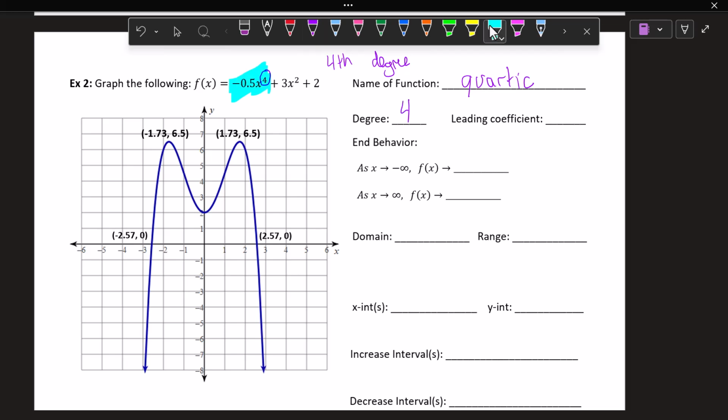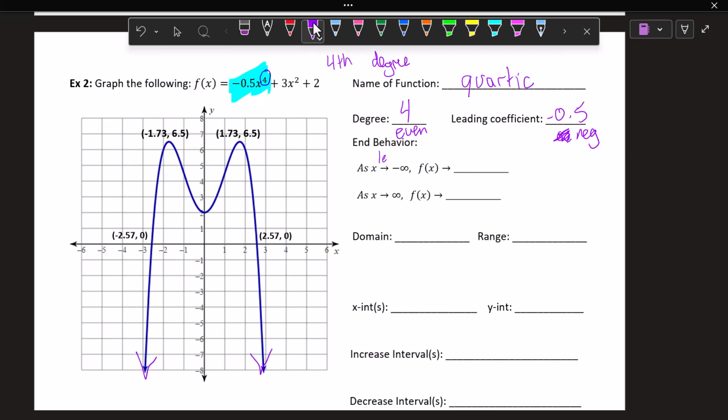Again, we're looking at this first term, and the leading coefficient is -0.5. So we have an even degree and a negative leading coefficient. But we can see the end behavior. It's going down on both the left and the right.